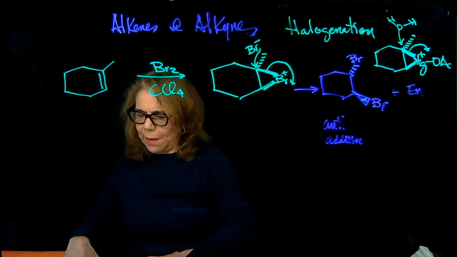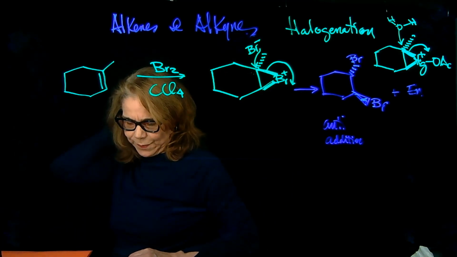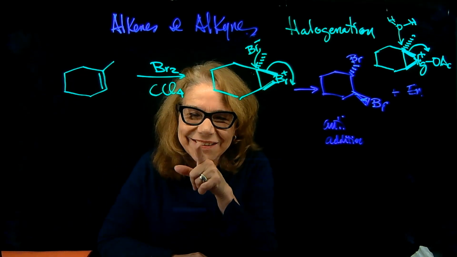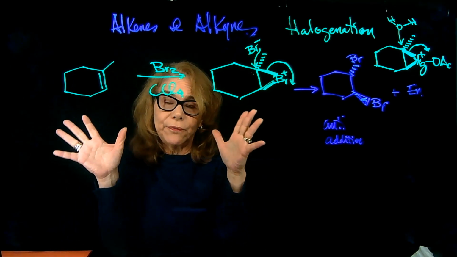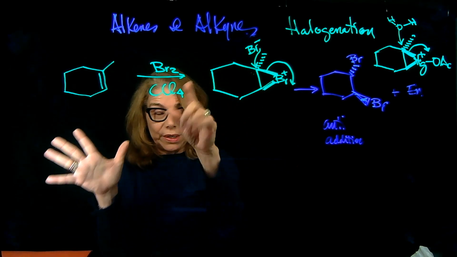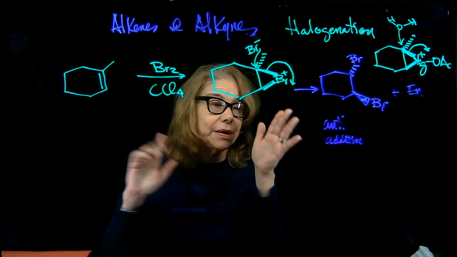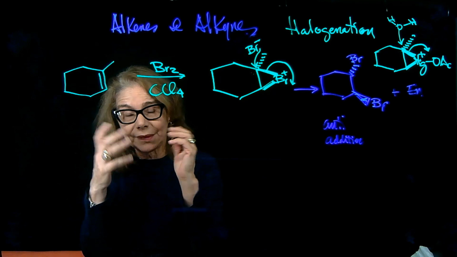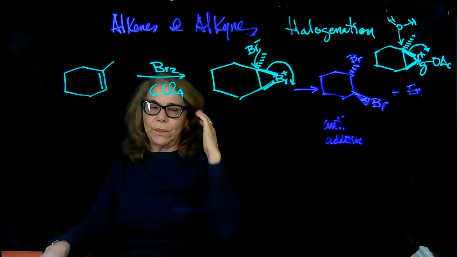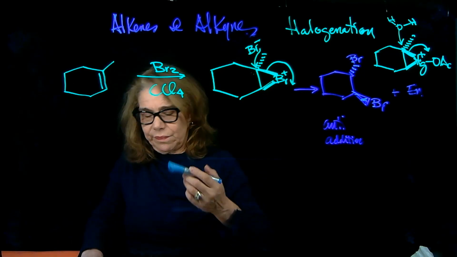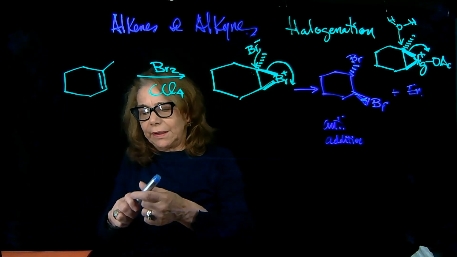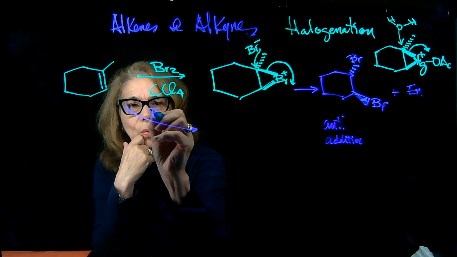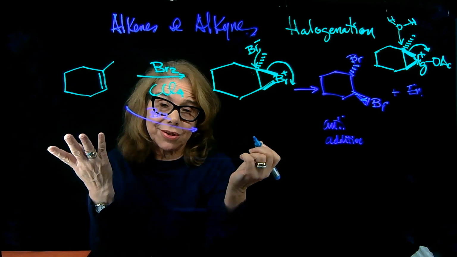So let's see what happens when you do the alkynes. Oh, first I need to remind you guys something. If we're doing this reaction with an organic solvent that's not nucleophilic, that is the outcome. But you can also form, for example, halohydrins, which will have an alcohol, or even an ether. Meaning, I can do this reaction with a solvent that is actually nucleophilic.